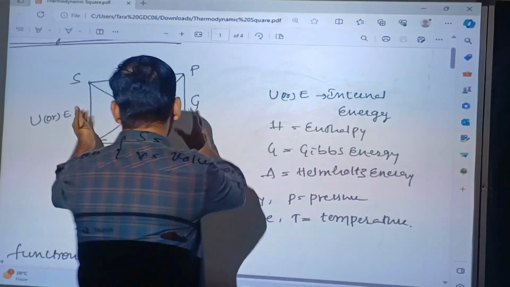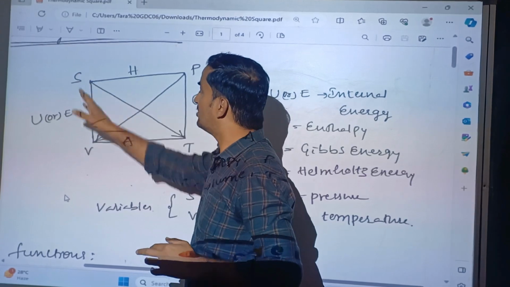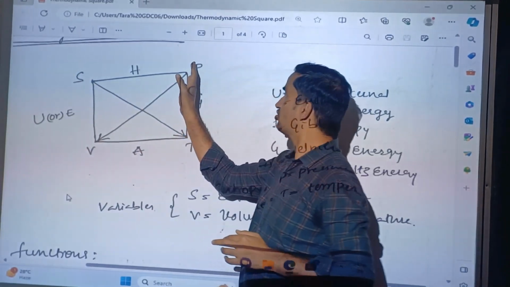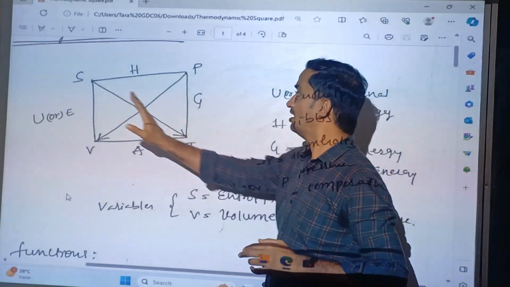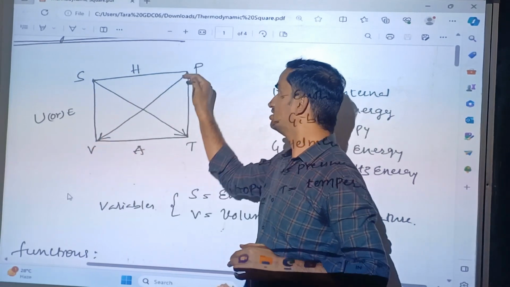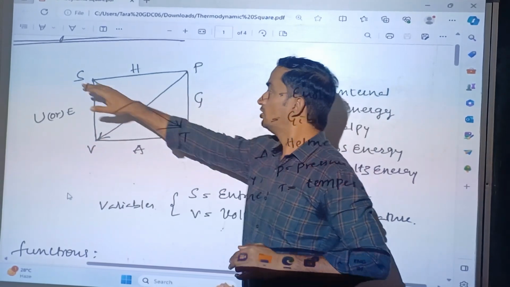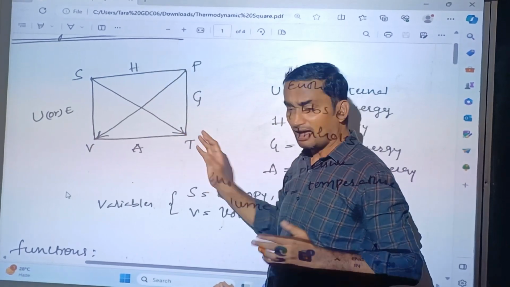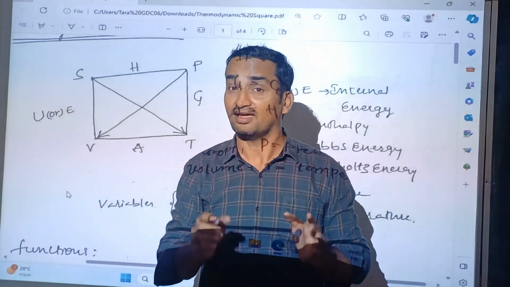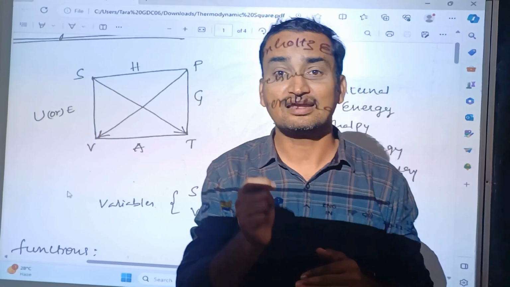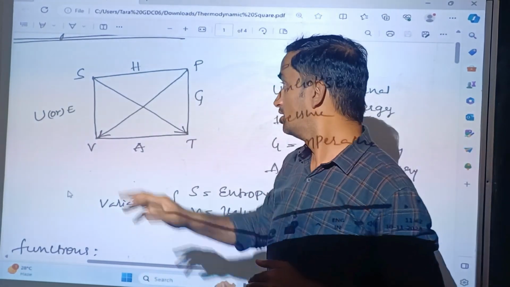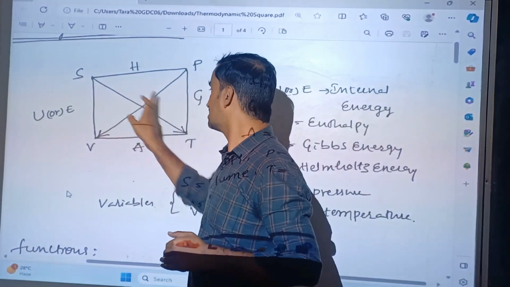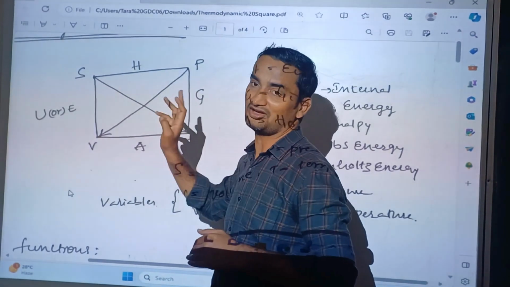Now if I take U and G, dou S by dou V is equal to dou P by dou T. This one by this one is equal to this one by this one. Dou S by dou V is equal to dou P by dou T. Is that enough? No, which variable is constant? How to find out? The variable opposite to the one we are taking in the numerator is constant.